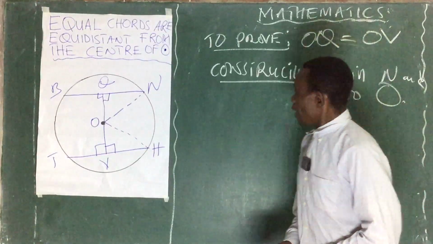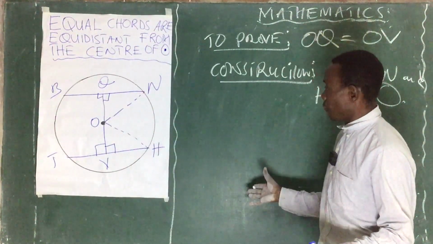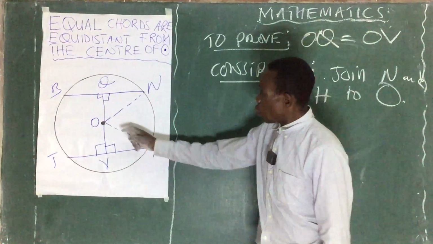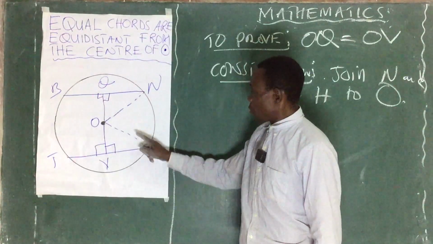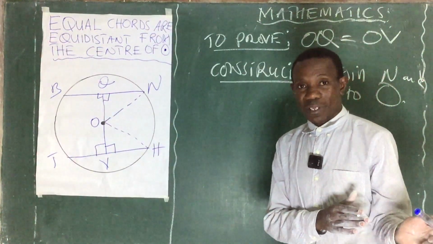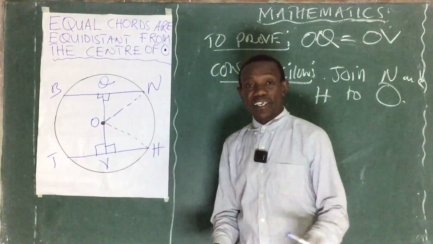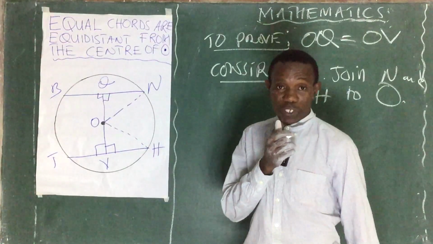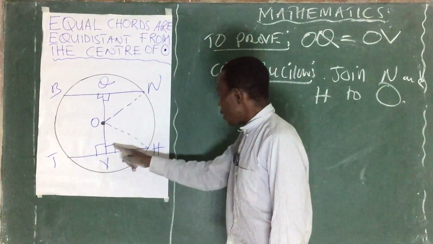Now, the moment I have these radii, that is enough for me to show that OQ is equal to OV. Why? The connection of the two has already given me direction. Having joined ON and OH, I can see that the shape has given us two right-angled triangles, triangle OQN and triangle OVH.